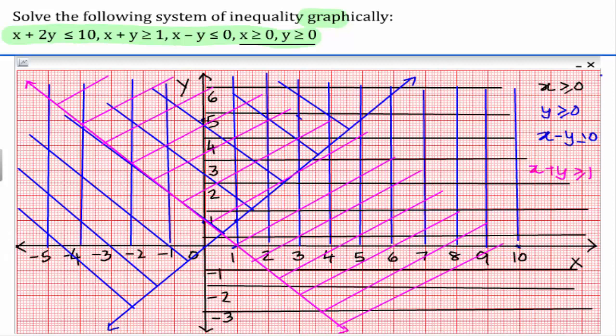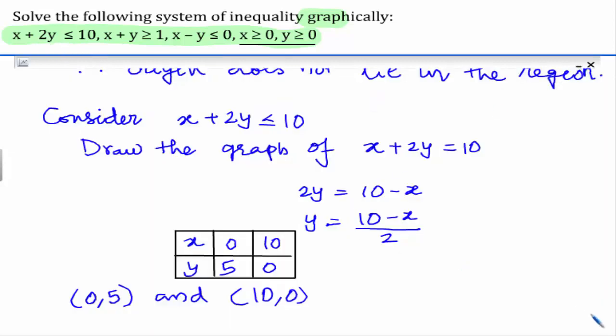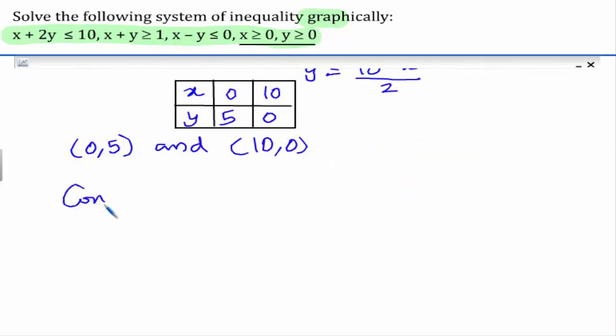Let me select green color. Now here the green line represents x plus 2y is equal to 10. Now let us consider the origin, because the line is not passing through the origin, and substitute into the inequality x plus 2y less than or equal to 10.